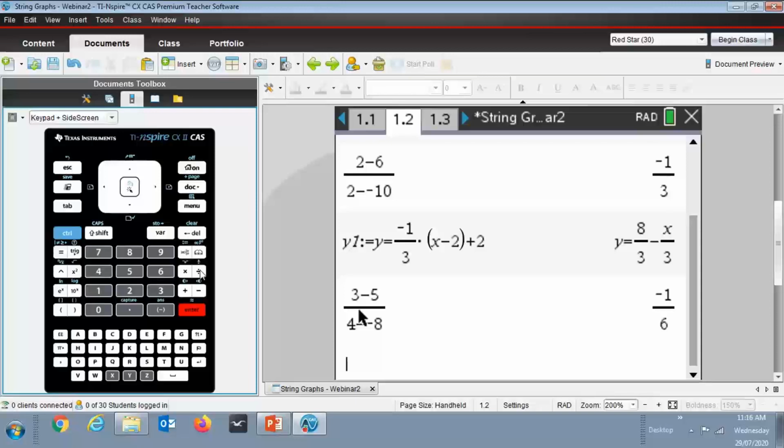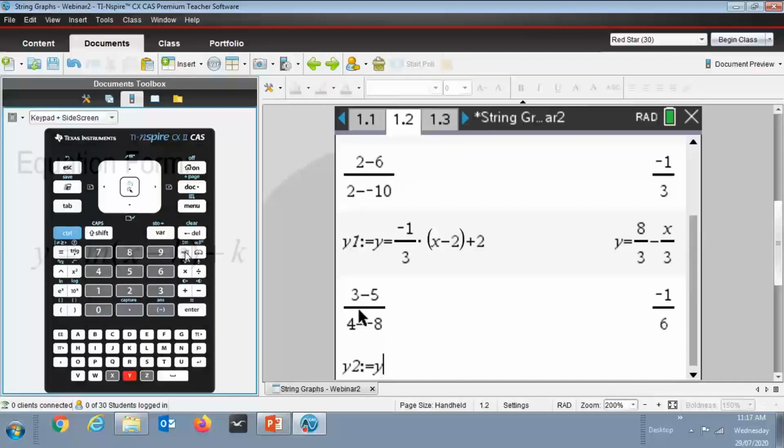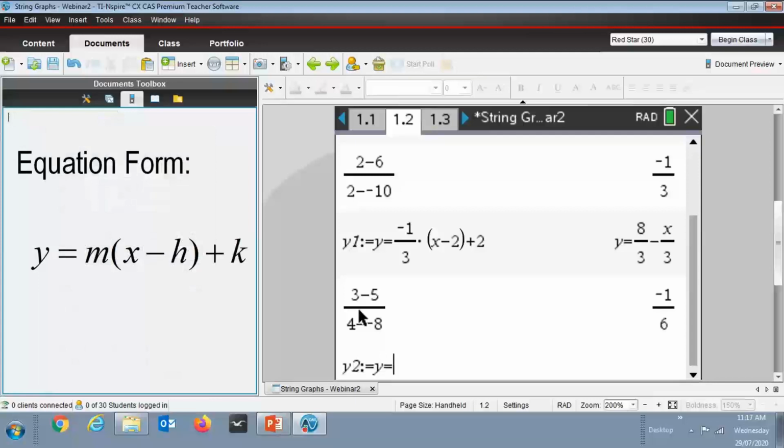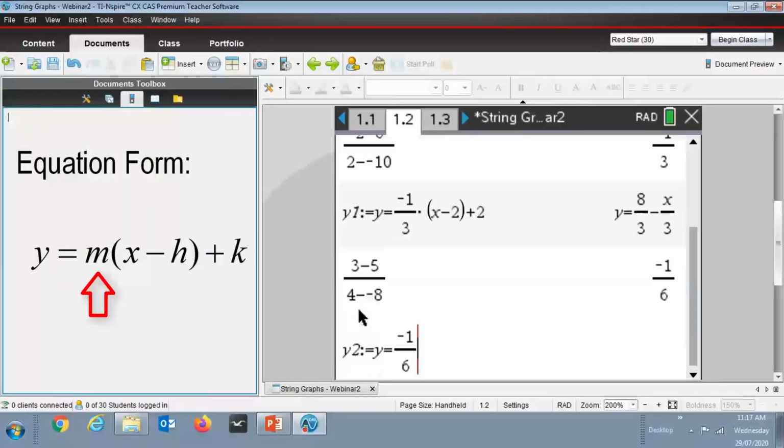Now for our equation, once again, we're going to assign y2, with control math template. Y equals the gradient, negative 1/6, outside of open brackets, x minus the x coordinate of that second point on the line, because it was the point 4,3.